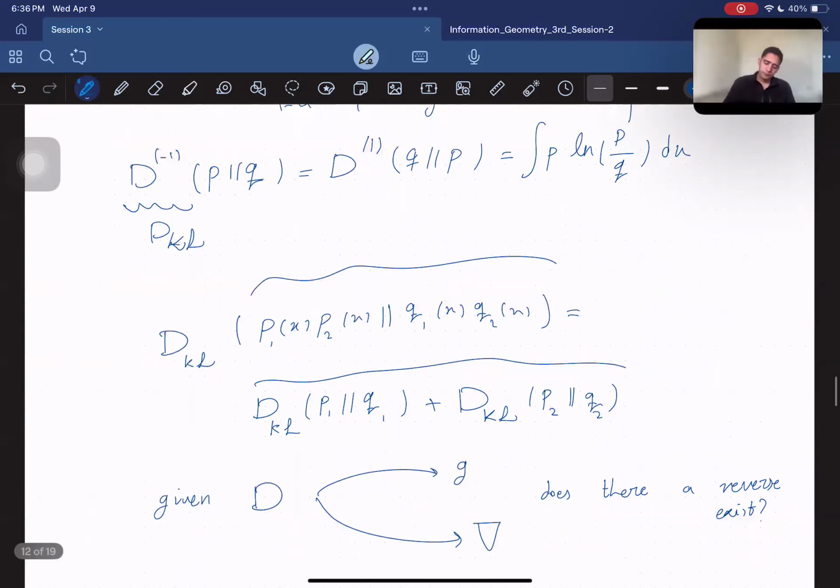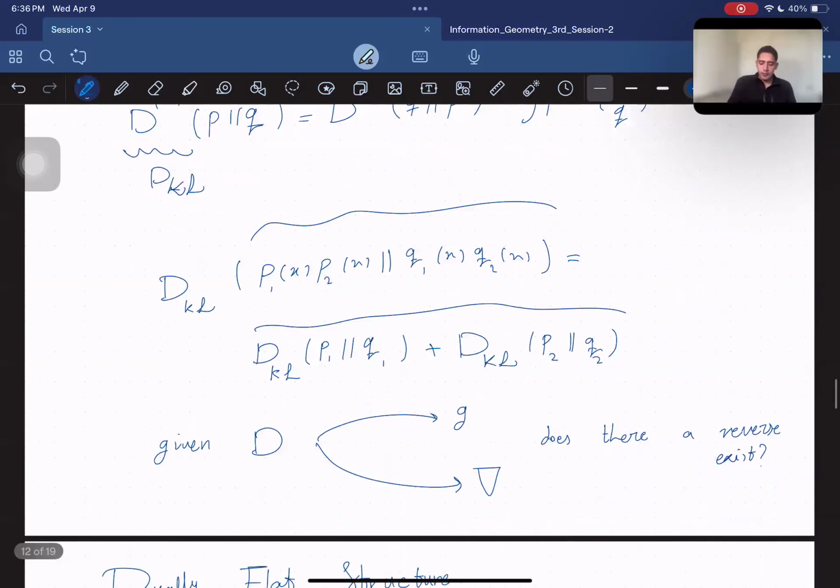So right now, we have come up with a way that by defining divergence, we have the geometry.